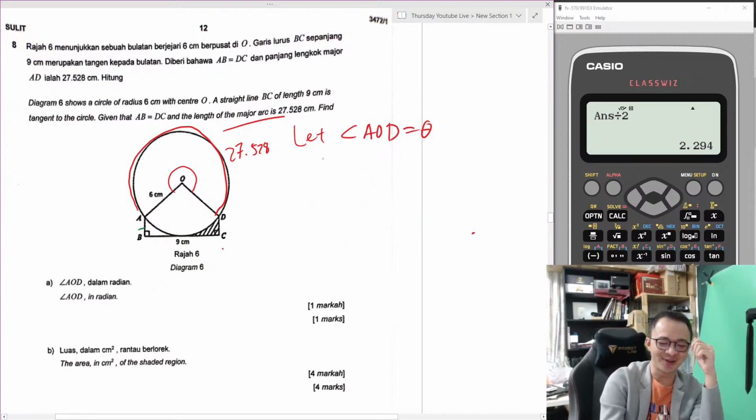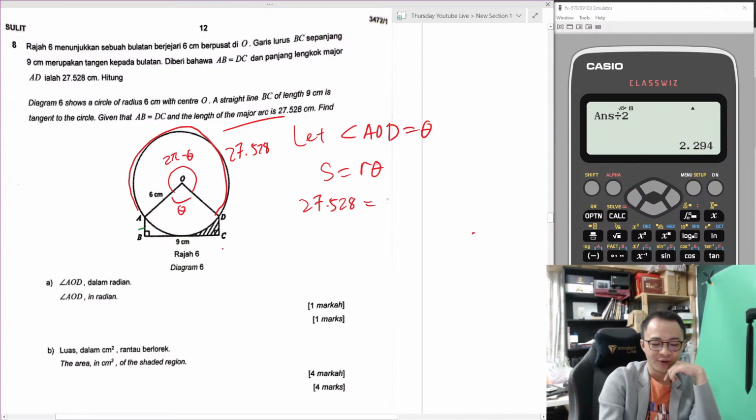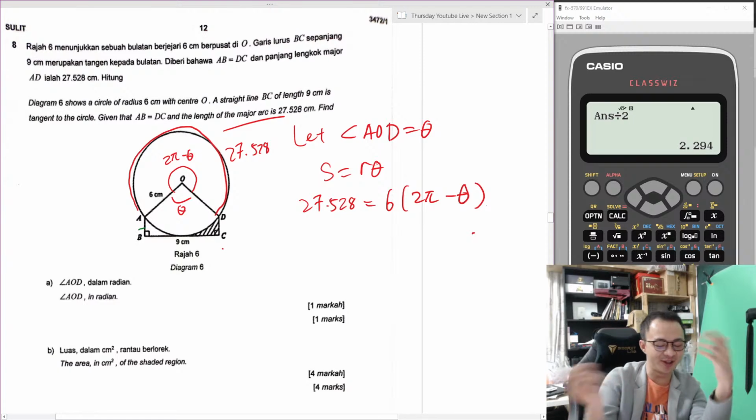Same thing as equals r theta, but my theta will change a little bit, because this one is 2 pi minus theta, if inside is theta. So r is 6, and this is 2 pi minus theta. I didn't see the word major. I thought it's just a simple arc length, but no wonder I see the angle value so big.